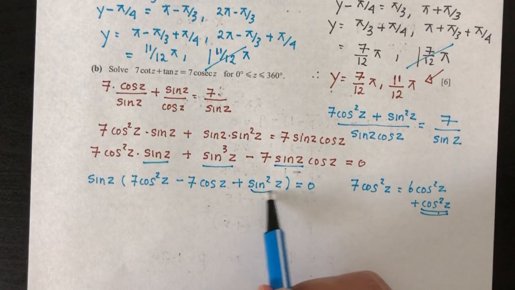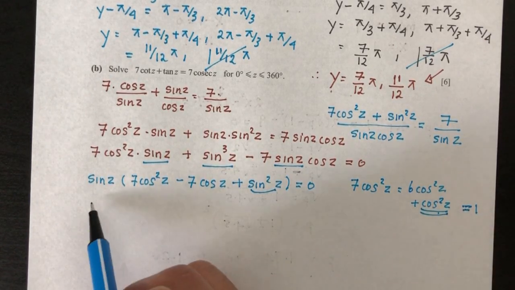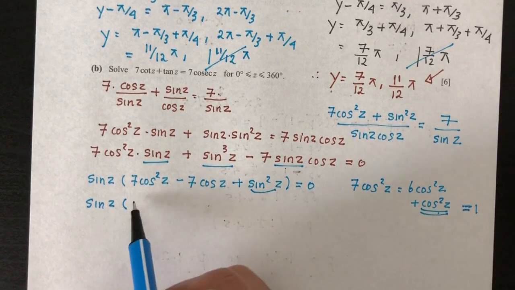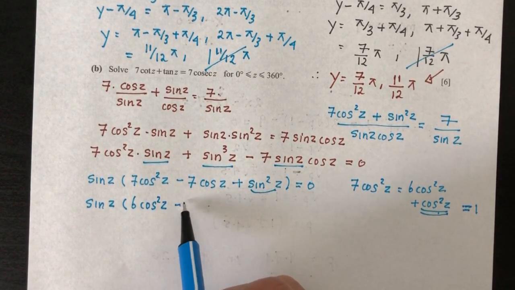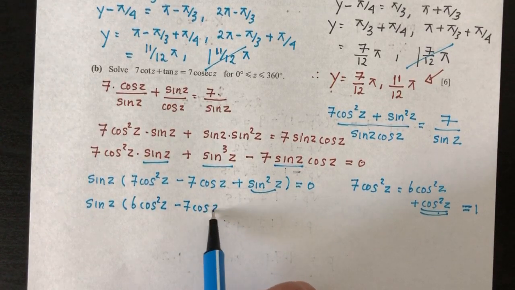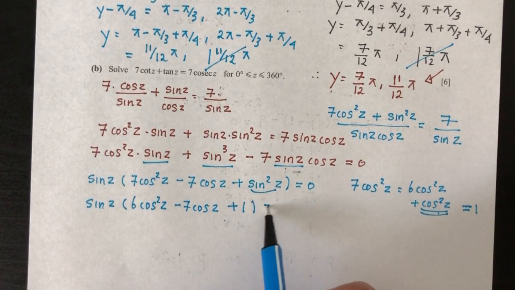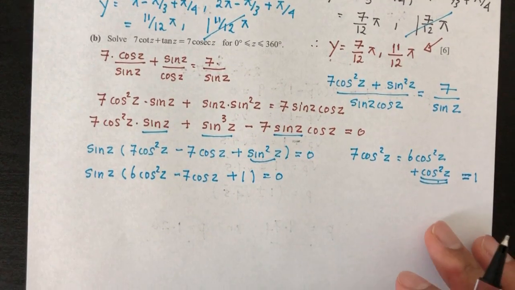So this plus this will be equal to 1 by your identity. So let's do that. You will have sin z times 6 cos square z minus 7 cos z, and this plus this, that will be 1. So plus 1 equal to 0. So now we can solve this as a quadratic equation.